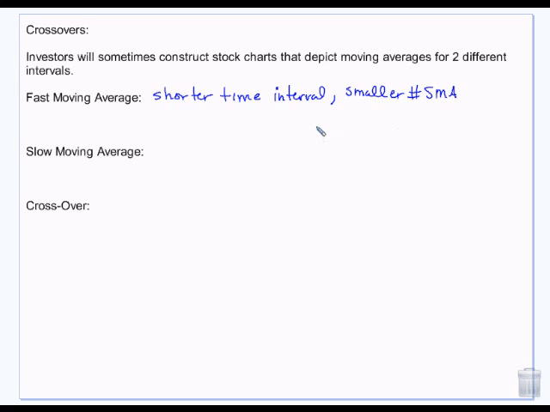In the last 2 examples, we had a 5-day and a 4-day. The 4-day would have been the fast one. And then the slow moving average is a longer time interval. So it's the larger number, SMA.